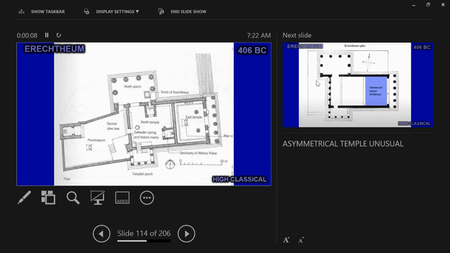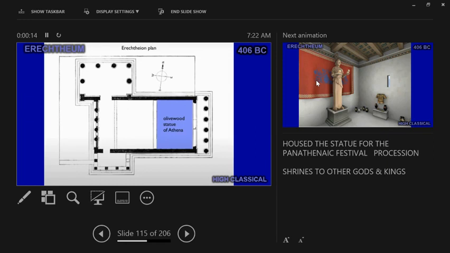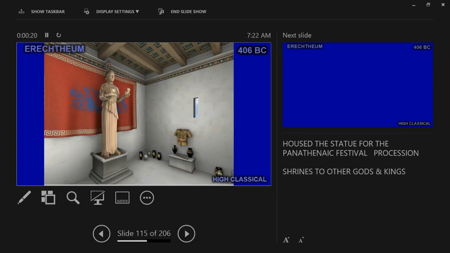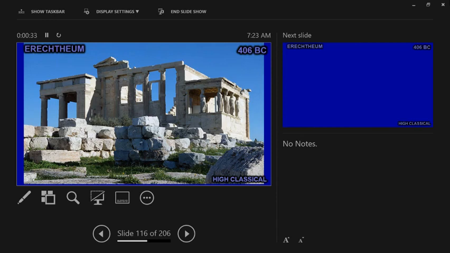And we're not going to spend too much time on this building. Just going to point out a couple things of interest. There is a little room there that had an olive wood statue of Athena. And you remember that they chose Athena because she presented Athens with the olive tree. So that is why the statue would have been made out of olive wood.